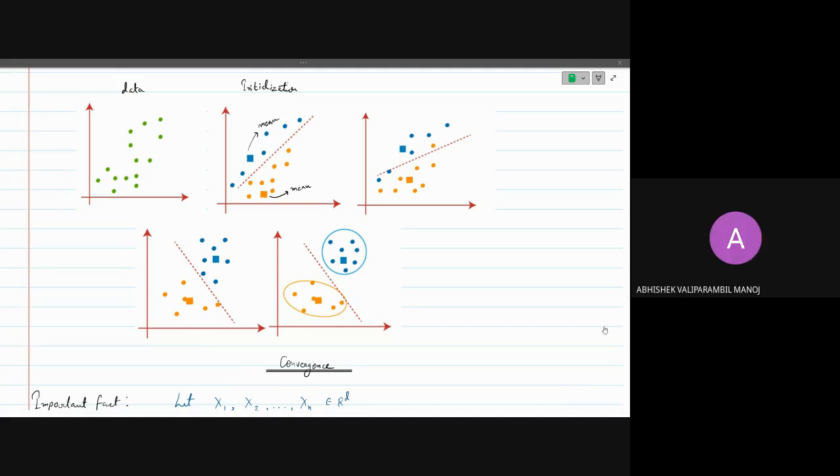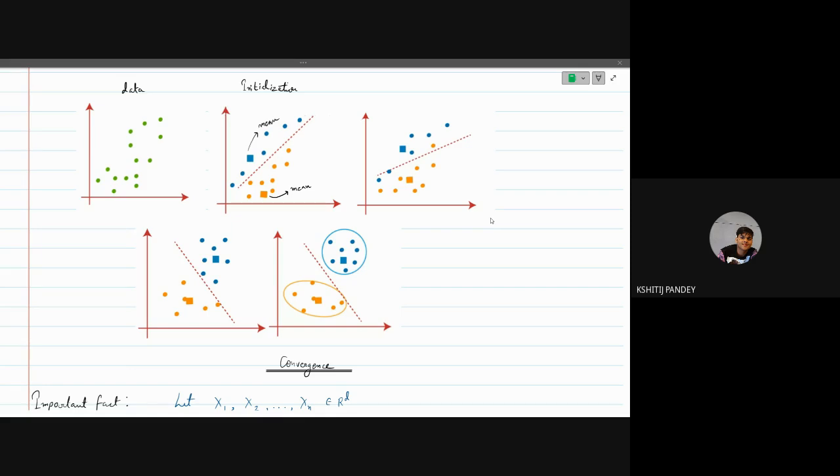According to the distance. Yes. For all the data points, we compute the distance between the data point and the mean of its current cluster, and the distance between the data point and the mean of other clusters. If the distance between the data point and the mean of the current cluster is larger compared to the distance between the point and the mean of some other cluster, we move the data point to the other cluster.